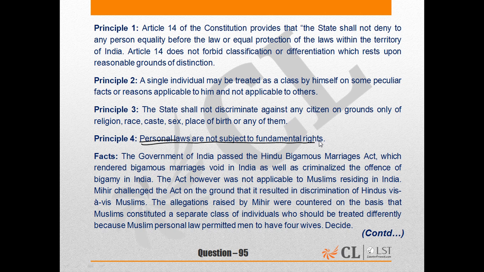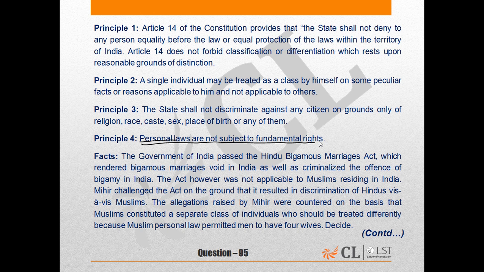Now moving on to facts. The fact says the government of India passed a Hindu Bigamous Marriage Act, an act which has been passed for Hindus, which rendered bigamous marriages void in India as well as criminalized the offence of bigamy in India.